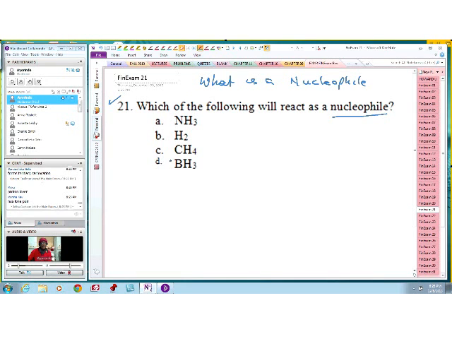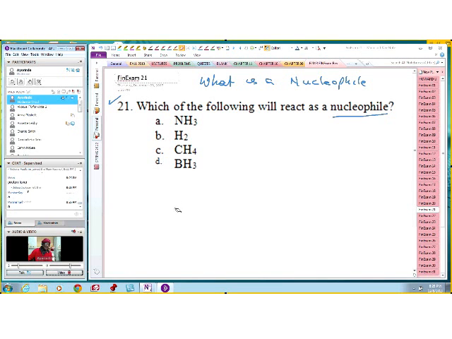The same thing with a carbon-carbon double bond: the pi electrons could act as a nucleophile, and those same pi electrons could also be used as a base. So keep that in mind. Given that explanation, which of the following is a nucleophile? Do you guys have an answer to this?